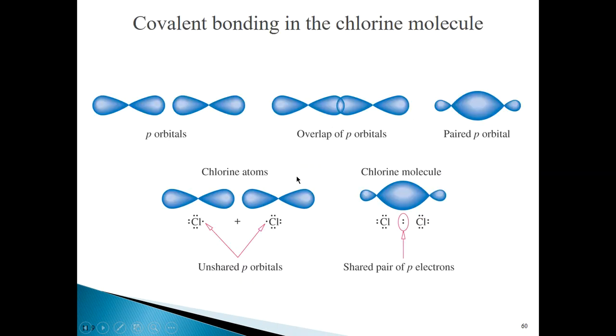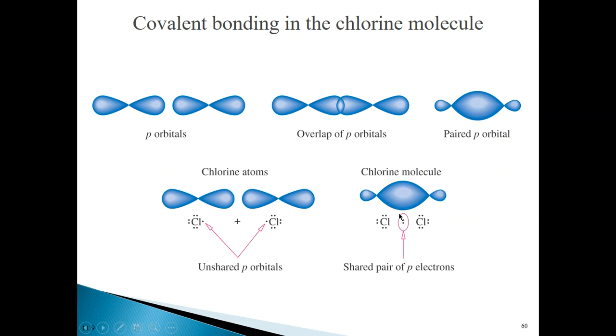There are different overlaps that can occur between p orbitals, such as what you see here. So if you have two p orbitals overlapping, you're going to end up with a pair of electrons being shared between the two p orbitals. And that is exactly what happens in the case of the formation of the chlorine molecule. Basically you have this p orbital overlapping with this p orbital because the single valence electrons from the chlorine atoms are actually located within p orbitals.